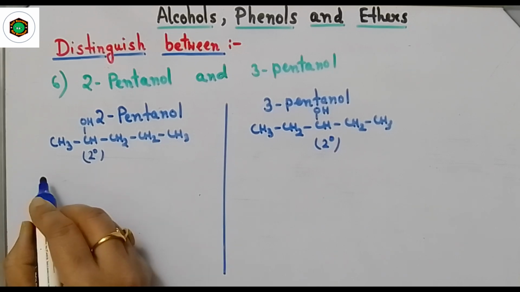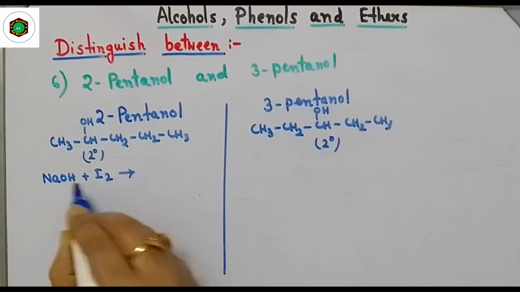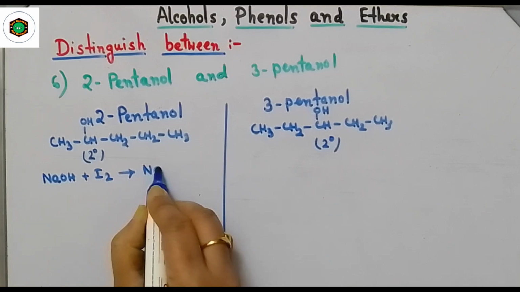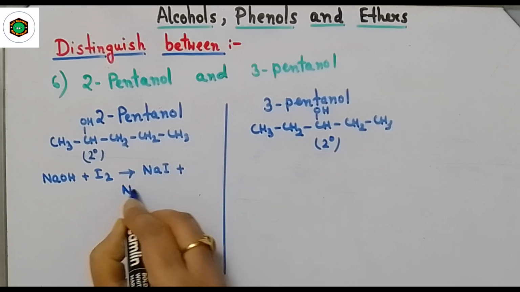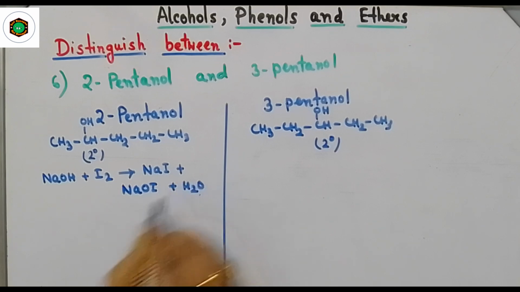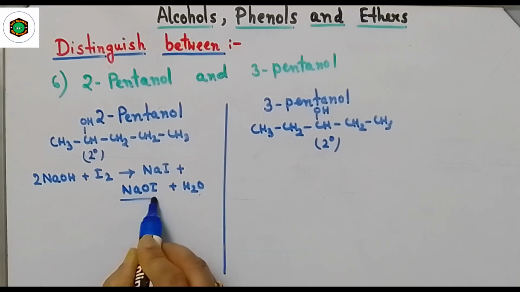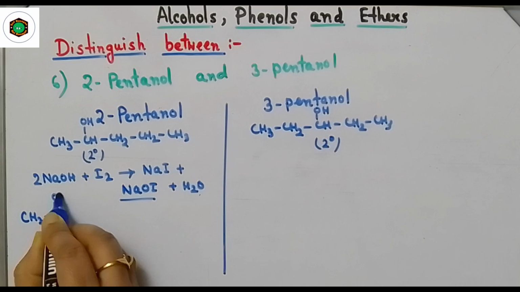Now what we have to do? We have to take NaOH solution and iodine. So these two will react to form sodium iodide plus sodium hypoiodide NaOI plus water. Balance this one. Now this sodium hypoiodide will oxidize alcohol first.